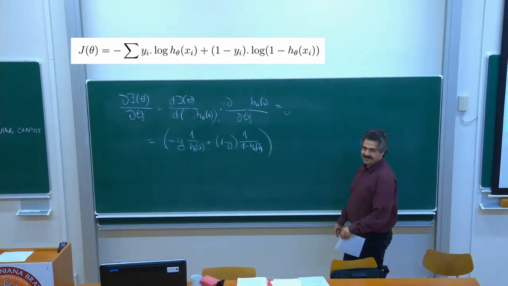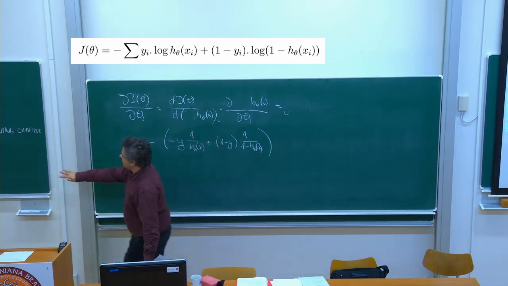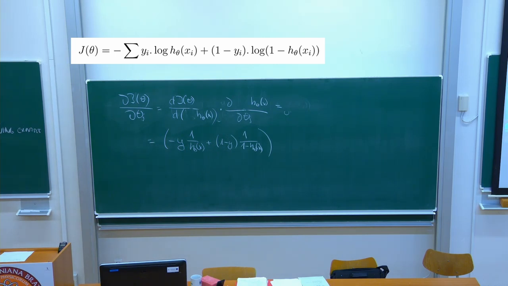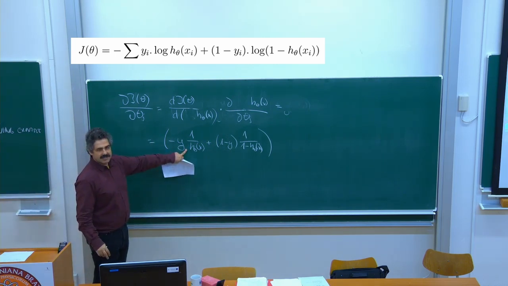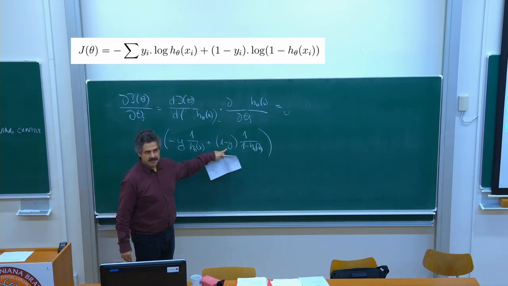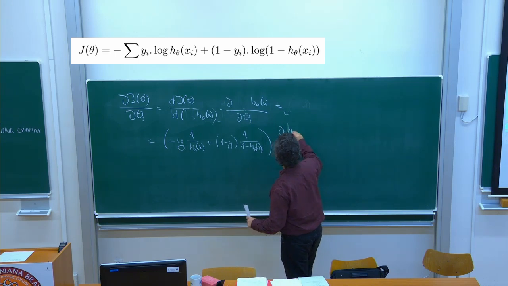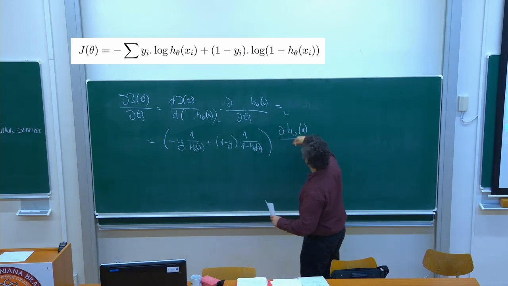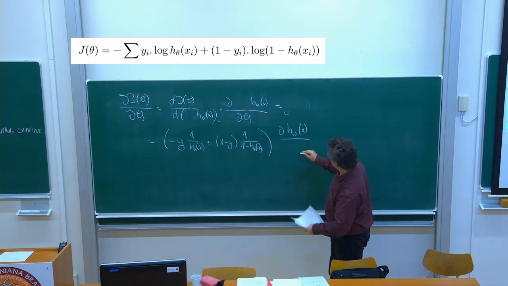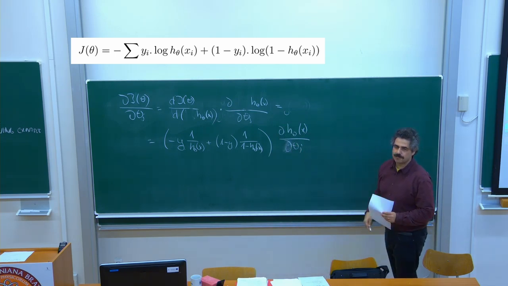And now I may be untangled from my tangles. So from this first part, I get this. From the second part, I get this part. And now the only thing that I have to do is take the derivative of the function h theta x over theta j and multiply this part.